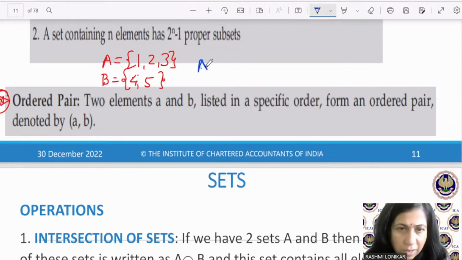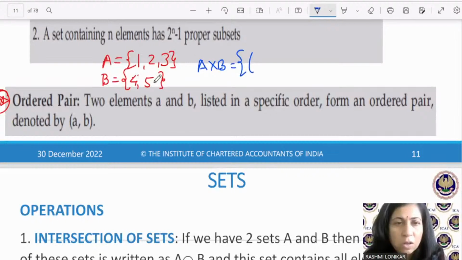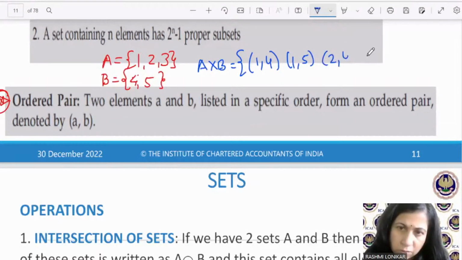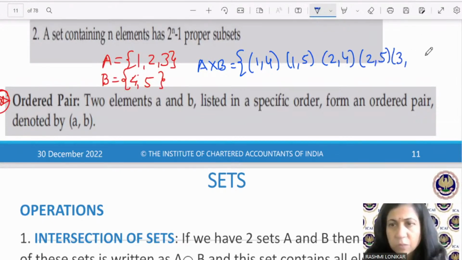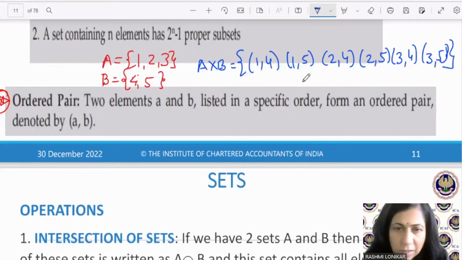Then I have A cross B equal to (1, 4), (1, 5), (2, 4), (2, 5), (3, 4), and (3, 5). Then this is called an ordered pair.